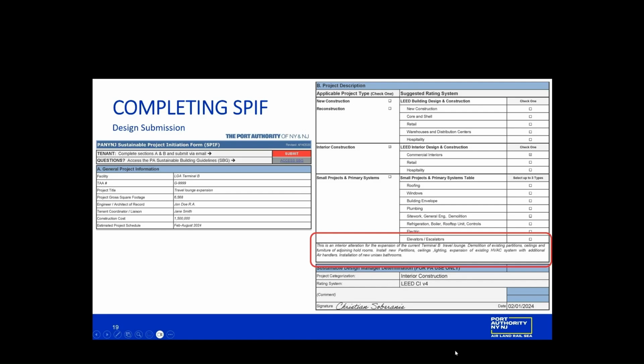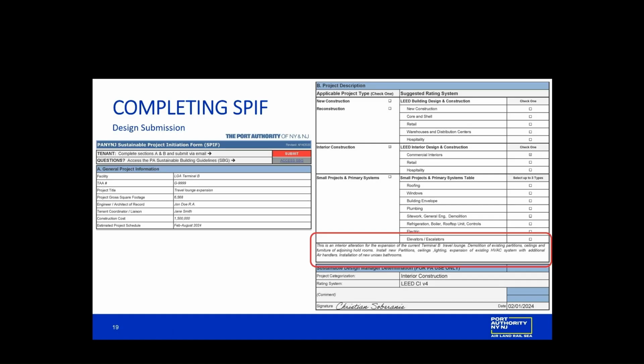This gives me an idea of the different types of scopes, whether it's plumbing, electric, demolition, so we can make the determination. In this instance, this sample project would be determined to be an interior construction.